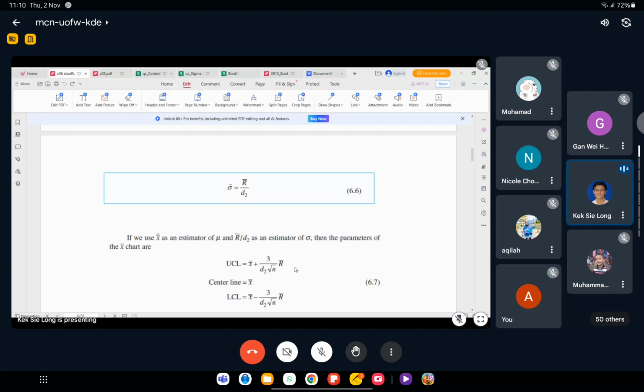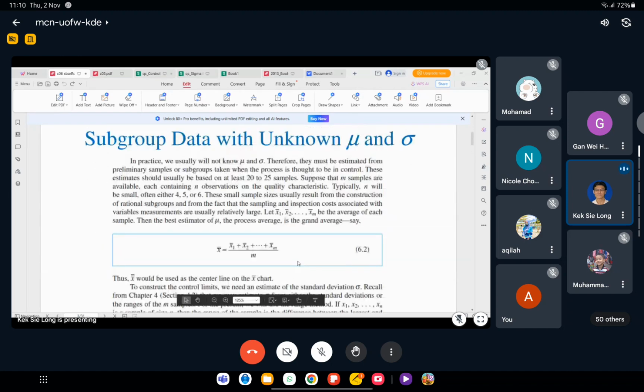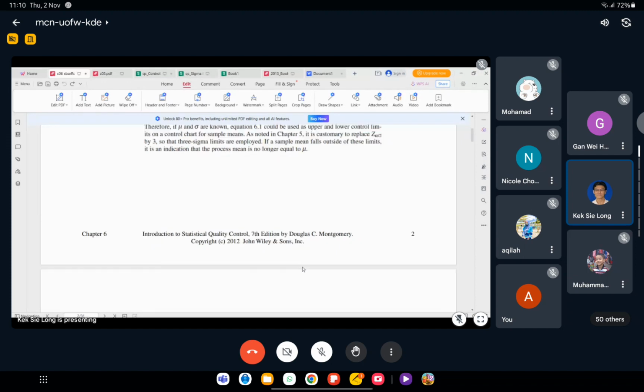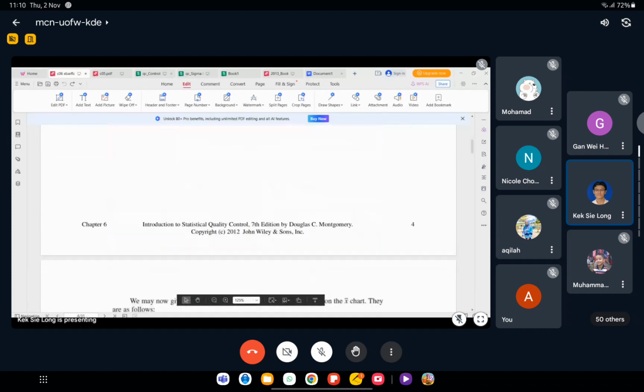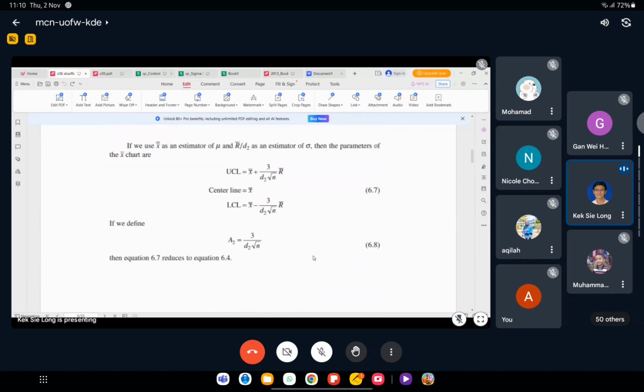Then how about the square root of n? Refer to 6.1. Suddenly blank. How to get the square root of n? Where does the term square root of n come from before we can get 6.7?